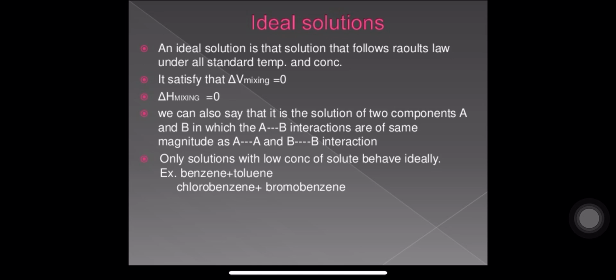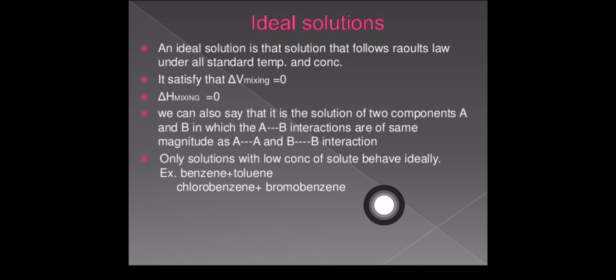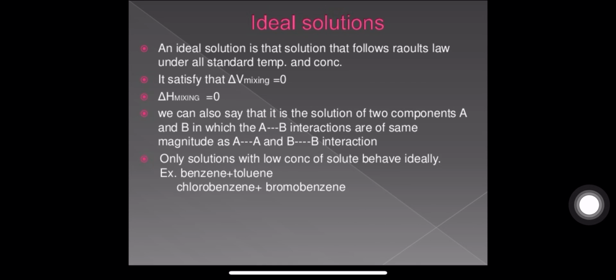This attraction will be A to A, A to B, and B to B. So after mixing, the magnitude of A–A and B–B will be equal to A–B in an ideal solution. That is, the interactions between AA, BB and AB will be of the same magnitude.